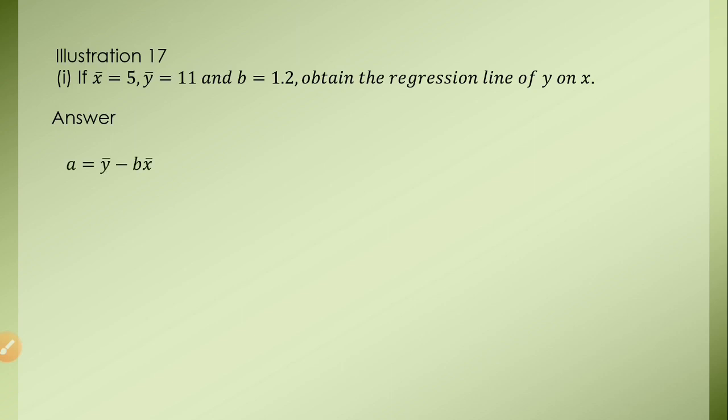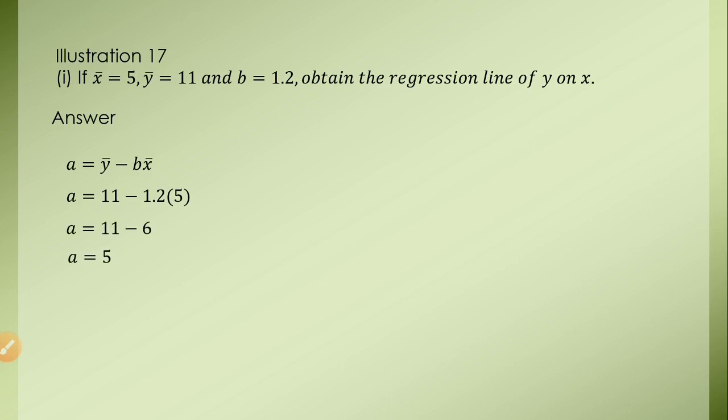Y bar is already given in the question, that is 11, and b is also given, that is 1.2, and x bar you can also see in the question, 5. Now let's solve. 5 into 1.2 is 6, 11 minus 6 is 5, so the value of a is 5.